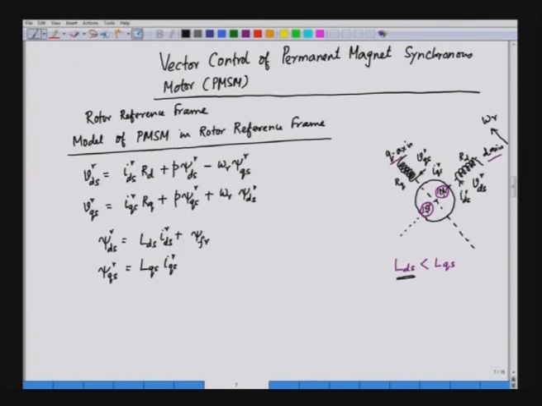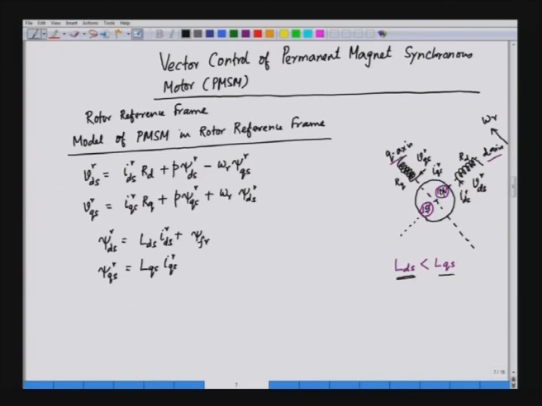It is opposite to a normal synchronous machine where we have LDS higher than LQS. In a permanent magnet synchronous motor, LDS is lower than LQS. So, we have this inequality here that LDS, the D axis stator inductance, is lower than the Q axis stator inductance. So, we have this equation for the flux linkage.